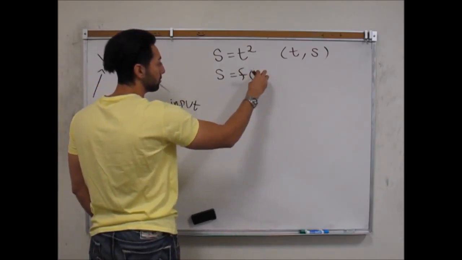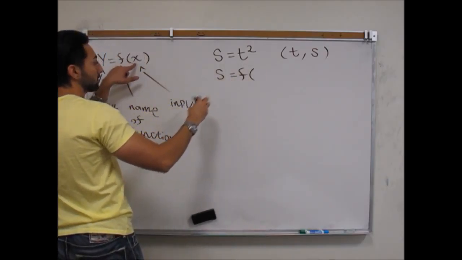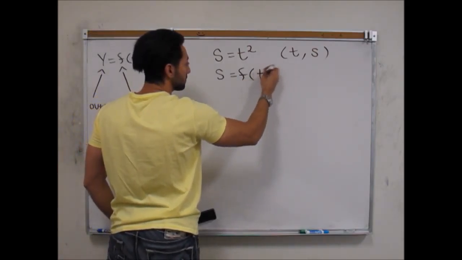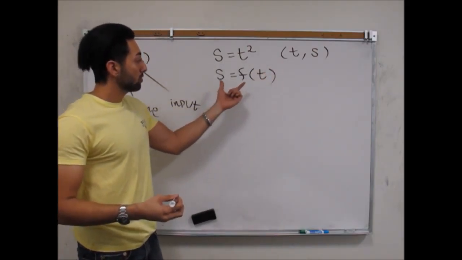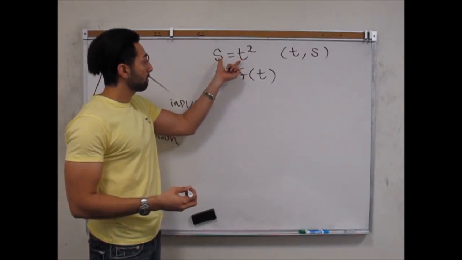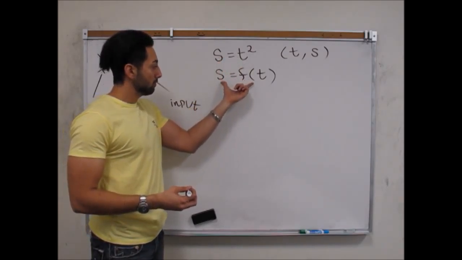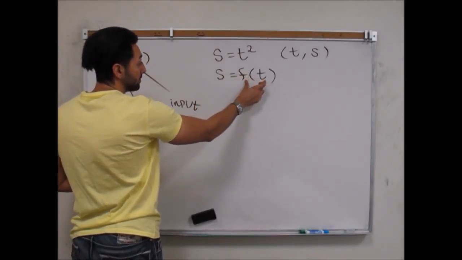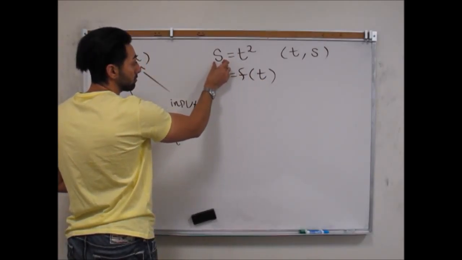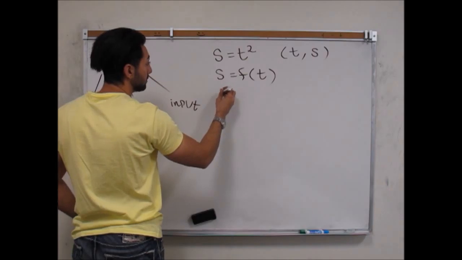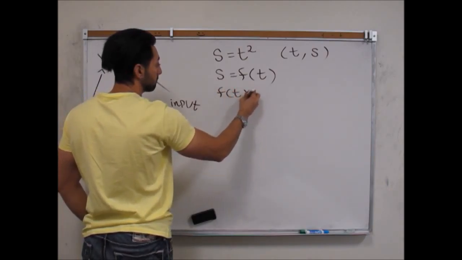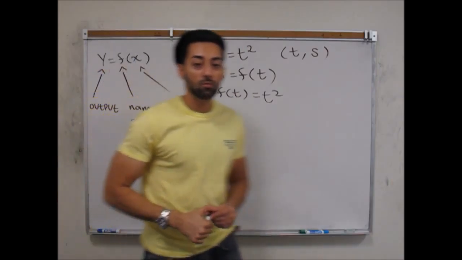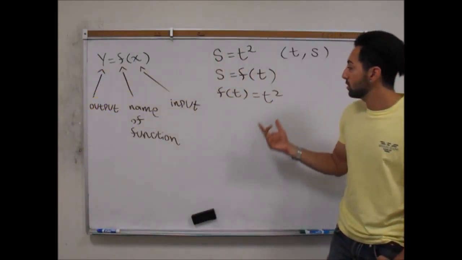And then I would have to put my input variable here, which is a t in this case. So if I wanted to represent my equation in function notation, it would look like this. Since s is equal to f of t, I could replace this s here with f of t and write it like that, which is a more common way that you see it written.